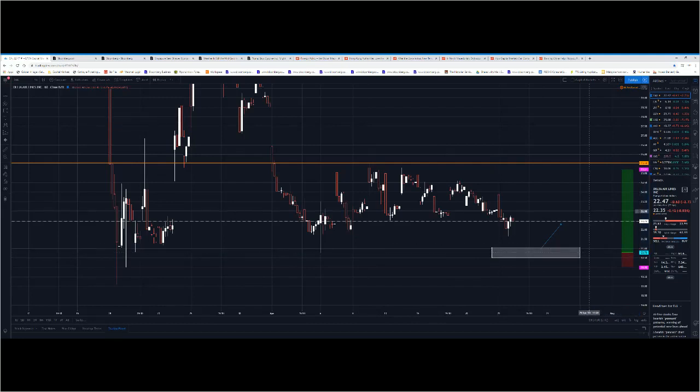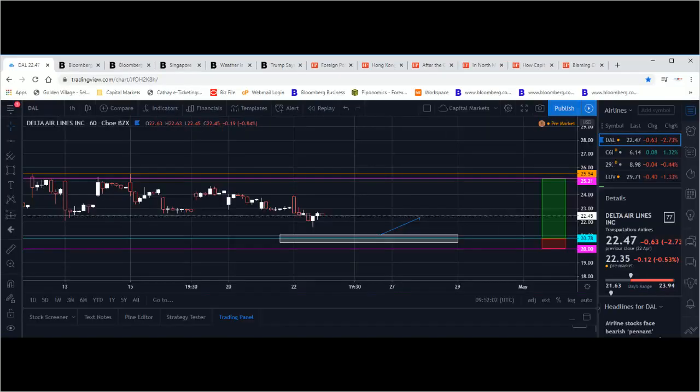You can see that the red box is a lot smaller than the green box. You don't have to do this for all your trades, but this is just an illustration. It means that for every dollar that you stand to lose, you stand to make a lot more dollars. Now let's put that into mathematical terms.